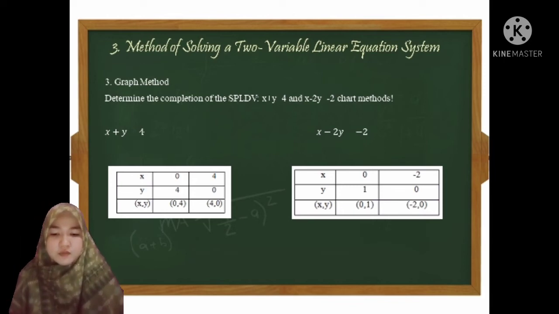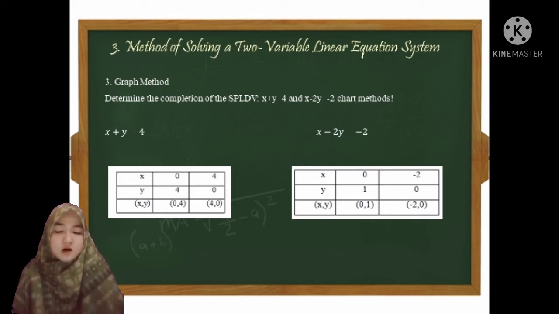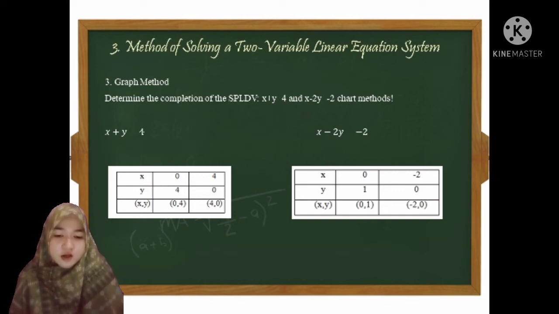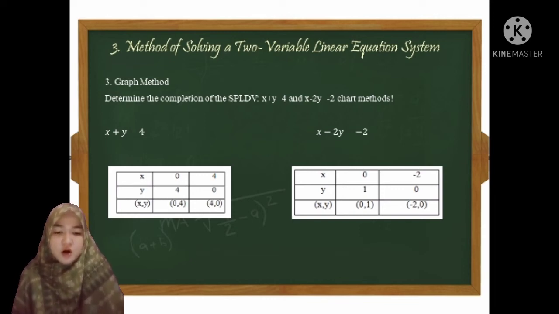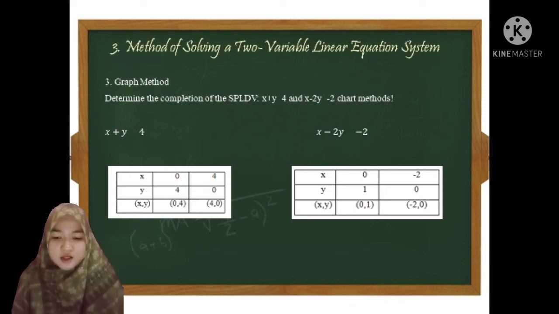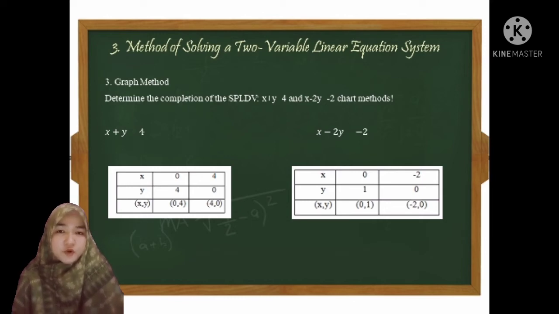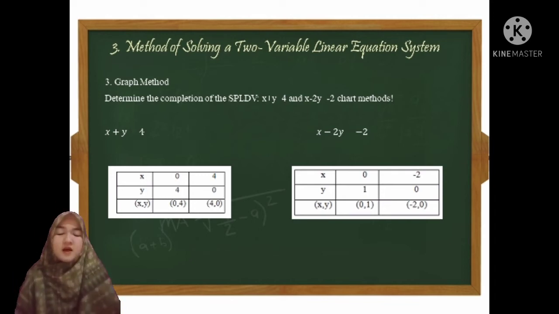We see from the table that if y equals 0, then we obtain (x, y) equals (4, 0), and if x equals 0, then we obtain (x, y) equals (0, 4). Then x minus 2y equals minus 2.